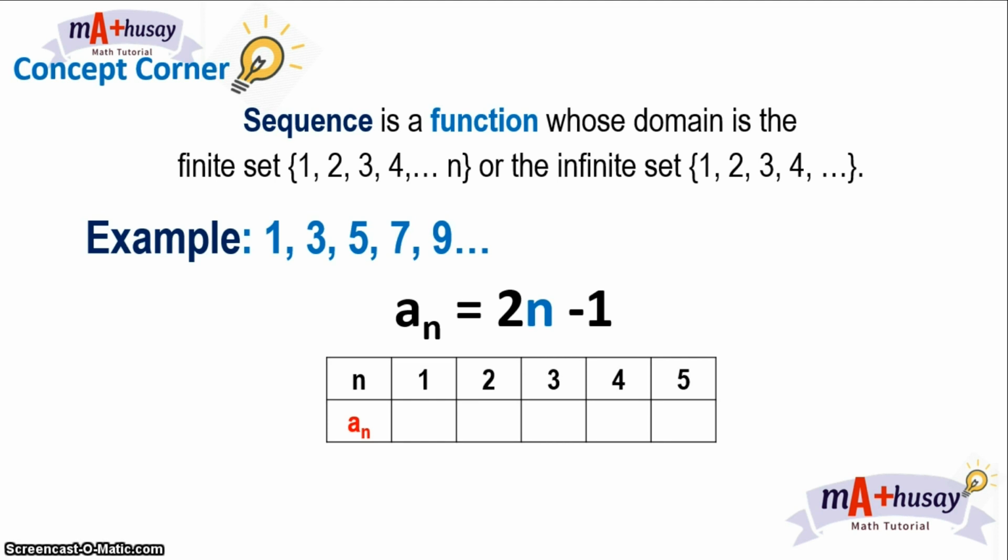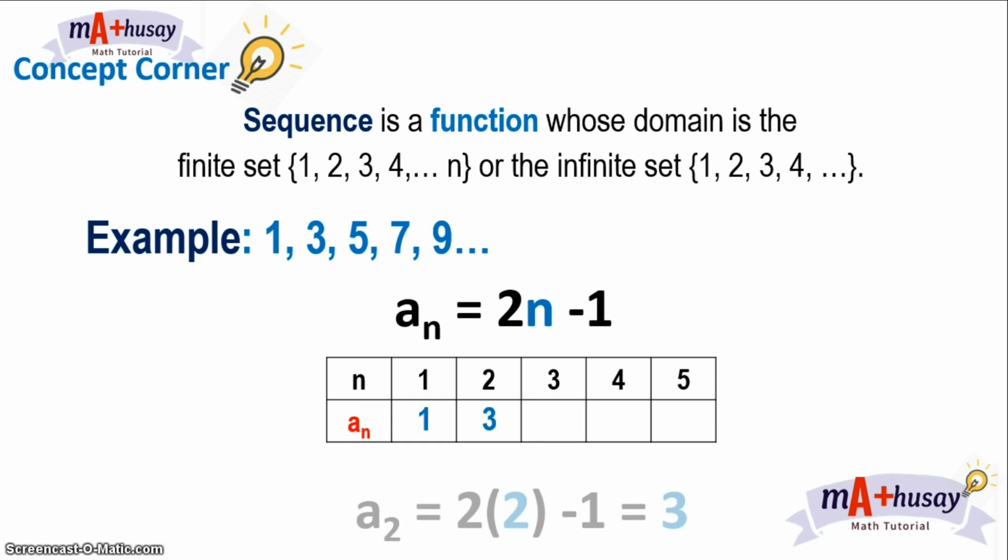So, if n is 1, you'll get a sub 1 equals 1 because 1 times 2 is 2 minus 1, you get 1. When n is 2, you'll get 3 because 2 times 2, that's 4 minus 1, you get 3.